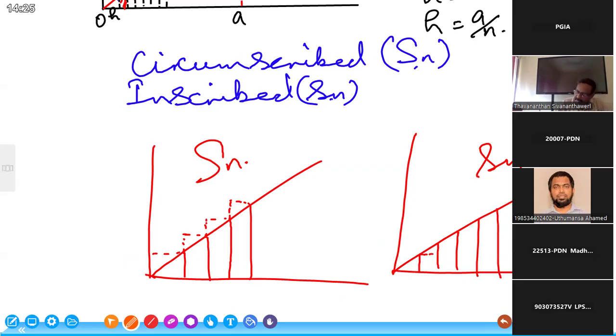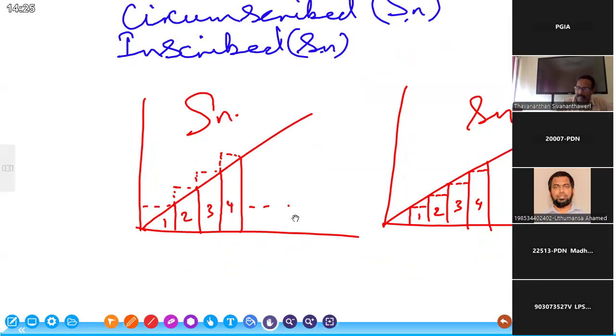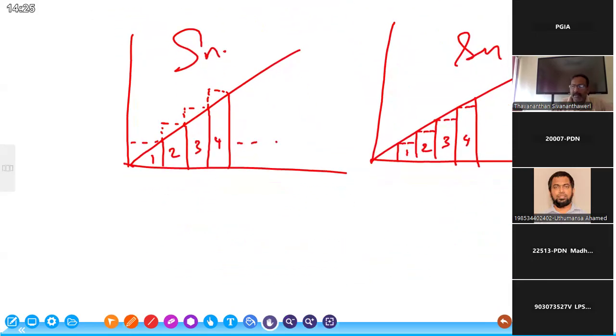So this is your first rectangle, second, third, fourth. But in the circumscribed method, this is first, second, third, fourth, and so on. So these are two methods.